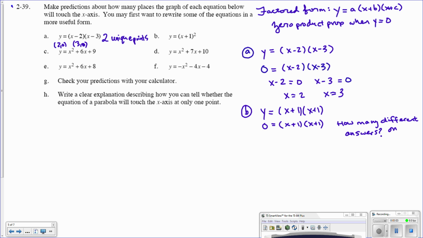In this case, it's just going to be 1. You're going to get x equals -1. So notice we have two factors, but it's the same factor. So it's going to touch the x-axis one time. Our point there is going to be (-1, 0). It's going to be what we call a double root because it repeats itself.